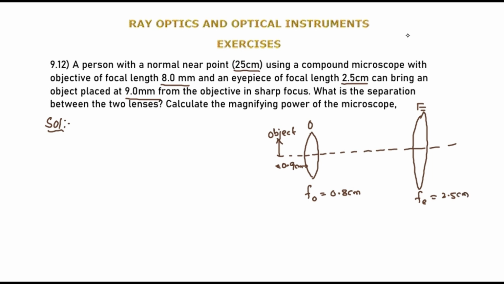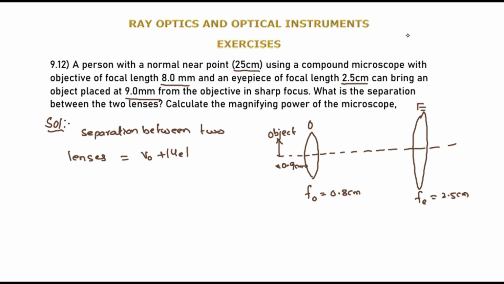The normal near point of 25 centimeter means the final image is formed at the least distance of distinct vision, which we need to consider. So finally, what is the separation between the two lenses? The separation between the two lenses will be V0 plus UE.